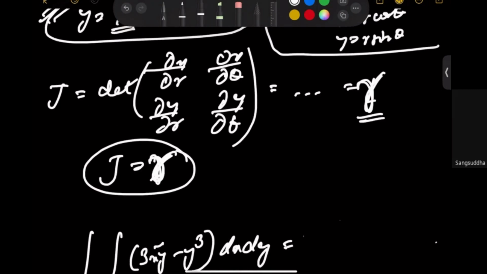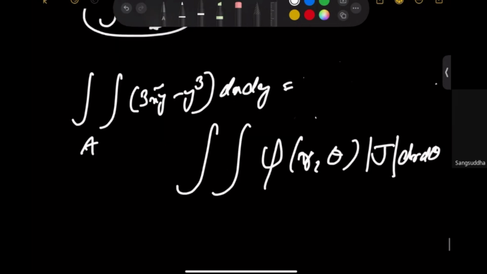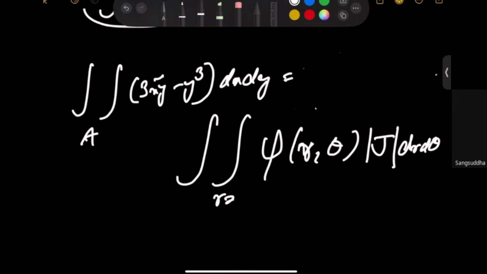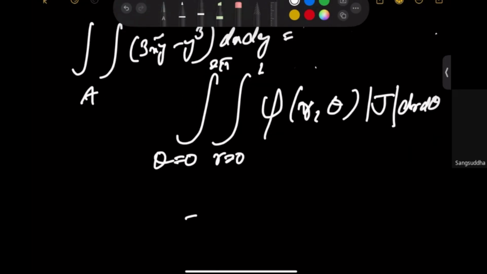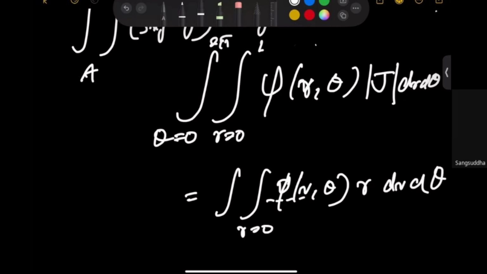The absolute value of r is just r because r is positive. So r dr d theta, and the limits of r are 0 to 1, theta 0 to twice pi. So it will be some function of r and theta, times r dr d theta, with r going from 0 to 1 and theta going from 0 to twice pi.